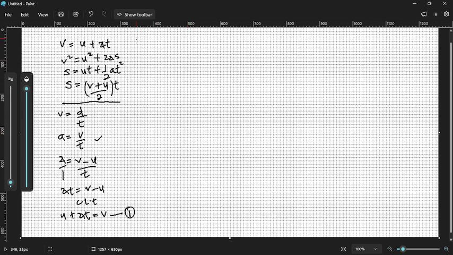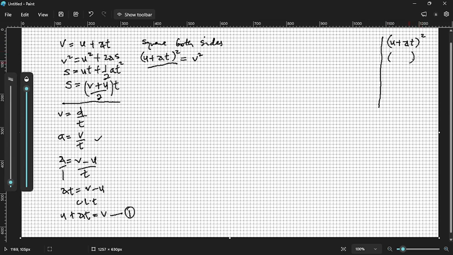Now, that same equation 1, by the time we square both sides, this particular expression, let's say on a rough piece of paper, for instance, we have (U plus AT) squared.